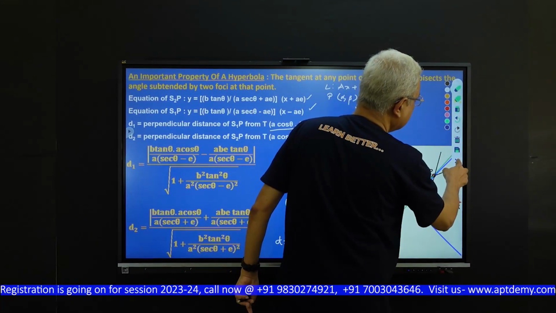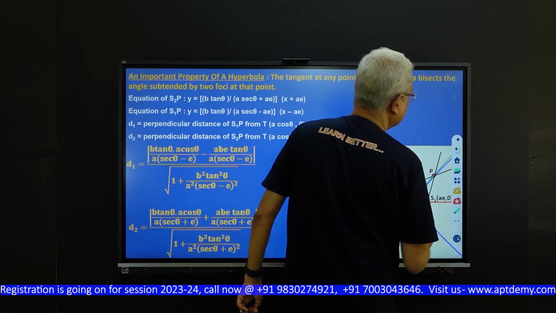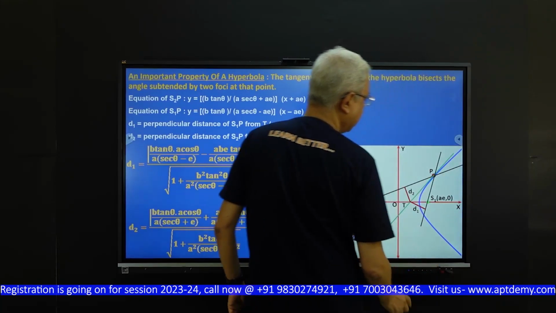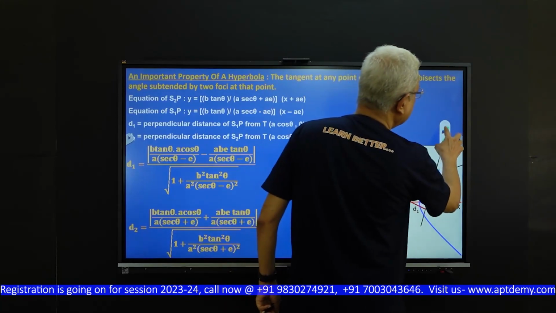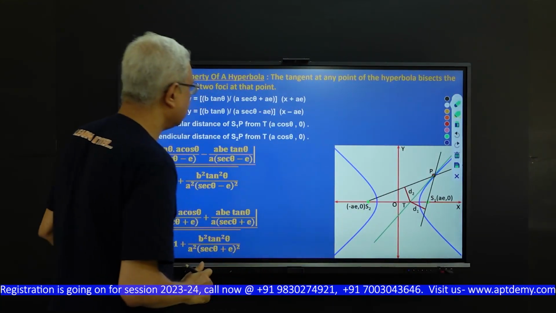Let me write it down once again. If you look at the equation properly, it is not difficult to write the expression for D1.